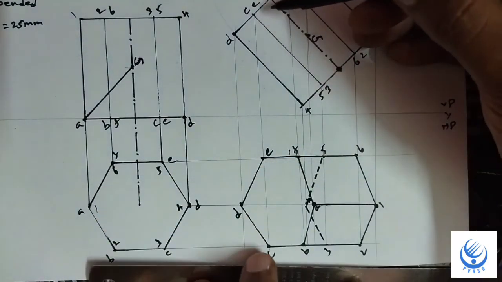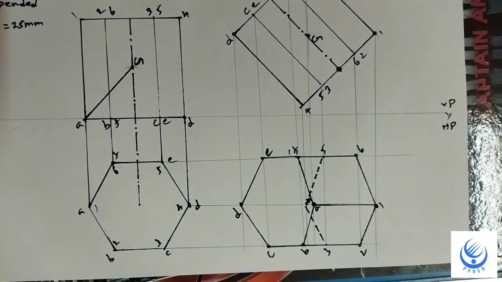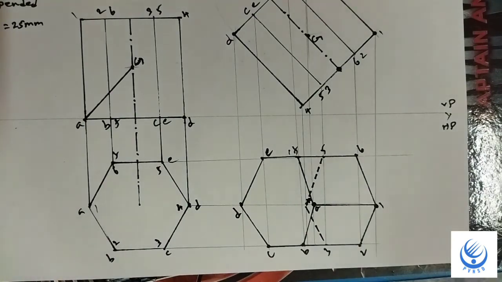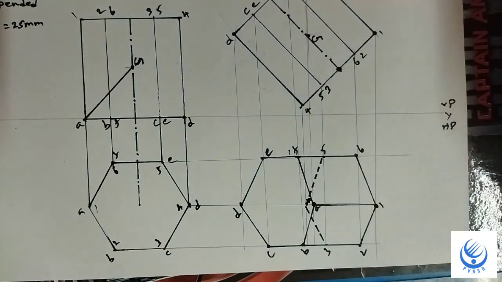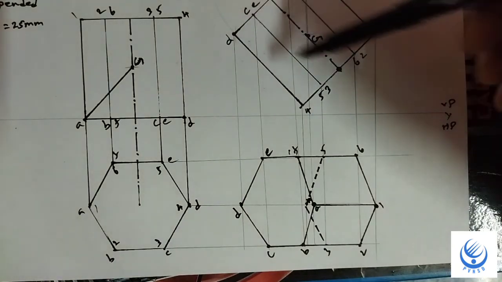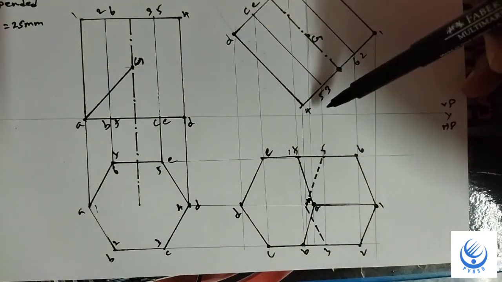The remaining portion is here: E to 3, C to 3, and then E to 5.